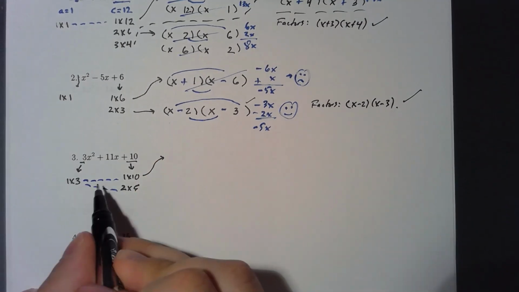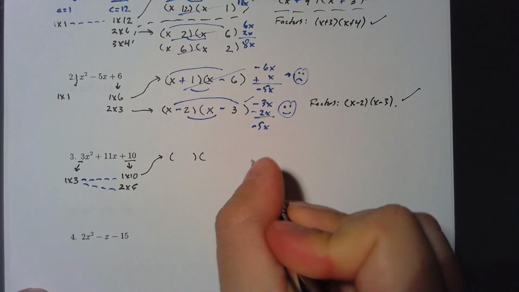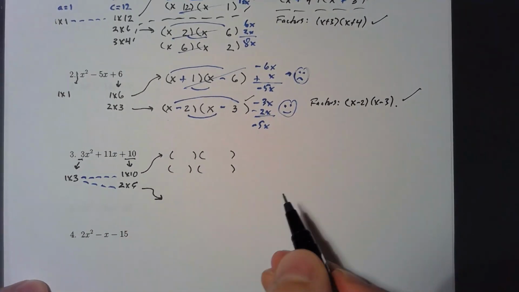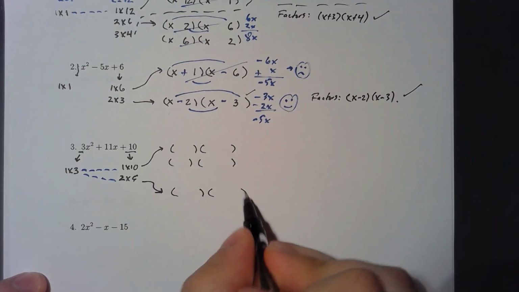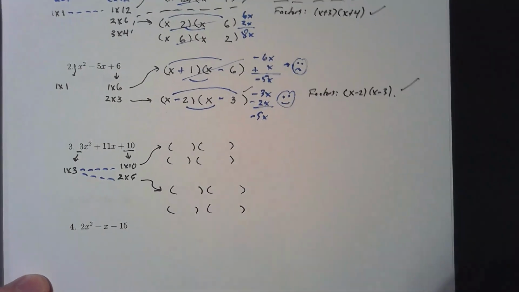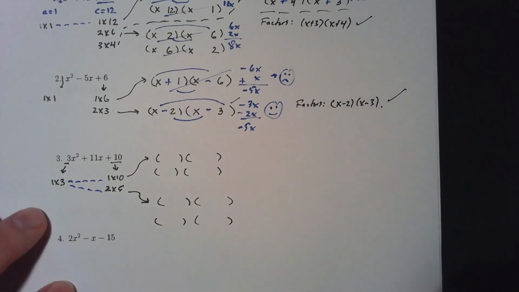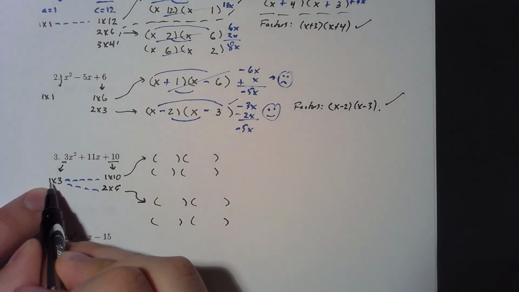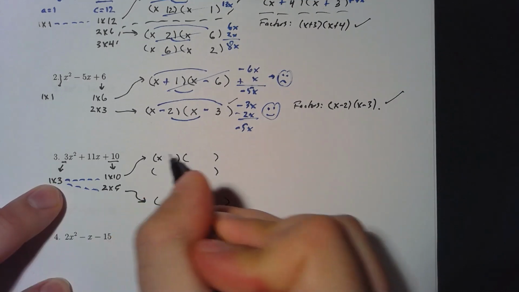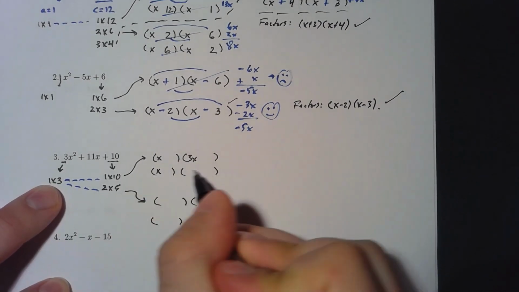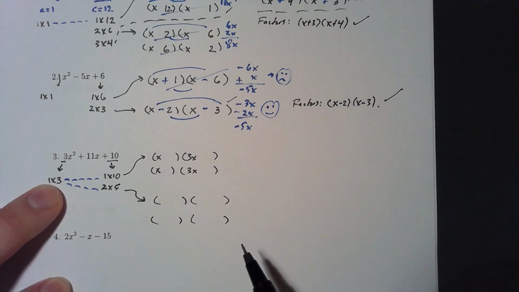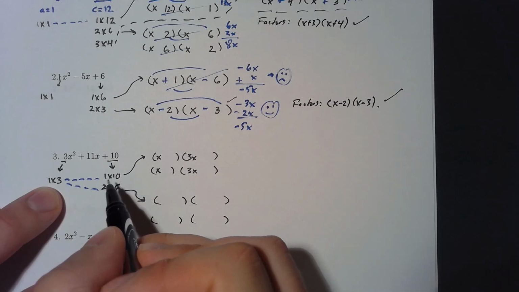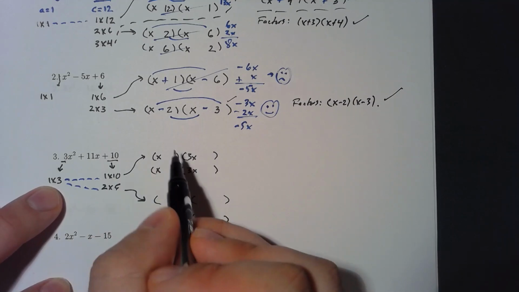So I'm going to have 2 cases for the first pair, 1, 2, and I'm going to have 2 cases for the second pair, 1, 2. Alright, so what are the coefficients of the first term? This is going to be x and 3x. X, 3x, x, 3x. Now, because I had a 3 here, I have to flip the 1 and the 10 in both cases.